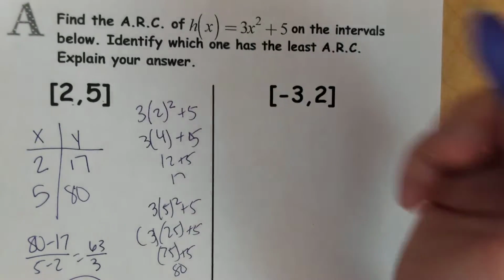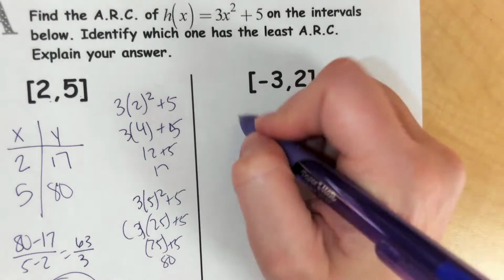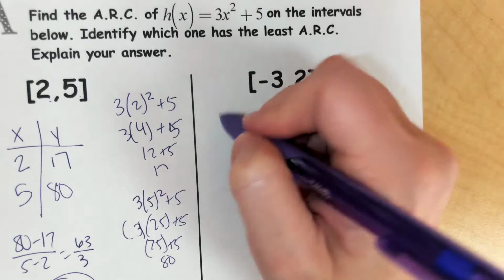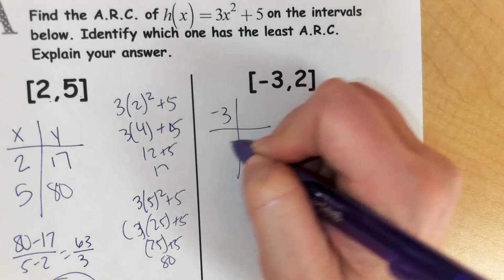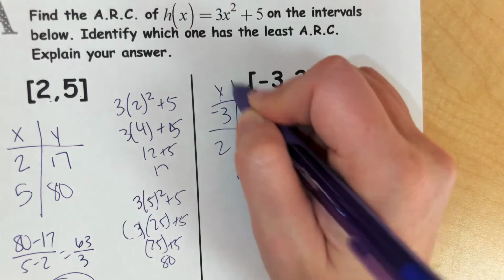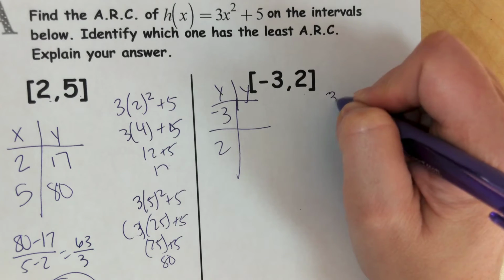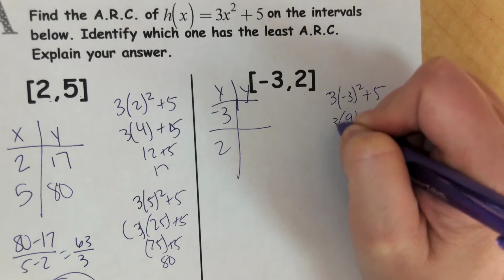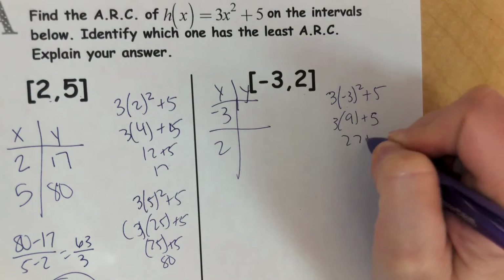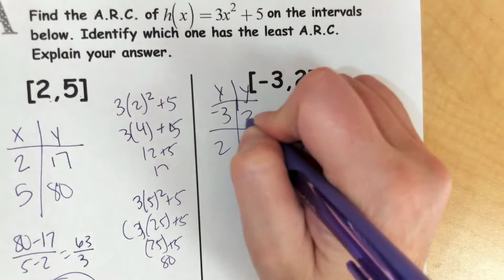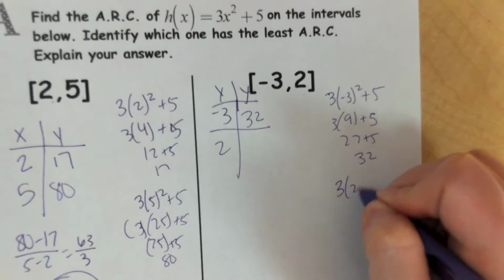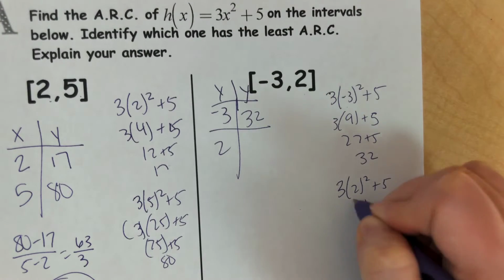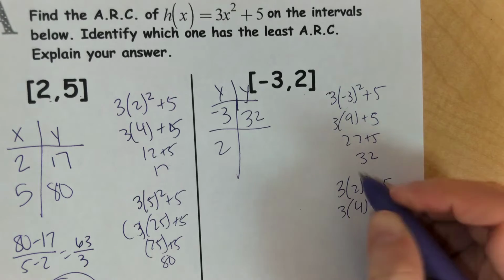Okay, so here we have, again, negative 3 and 2, same equation. Again, negative 3 and 2 for my x values. I'm going to plug in negative 3. Negative 3 squared is 9, times 3 is 27, plus 5 is 32. And then on 2, we do 2 squared, which is 4, times 3.